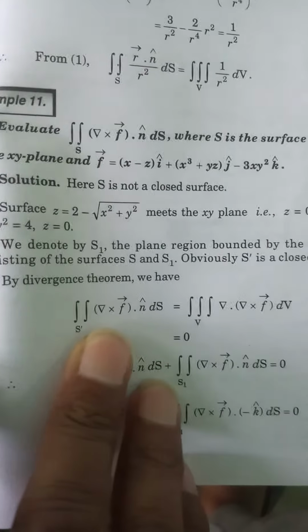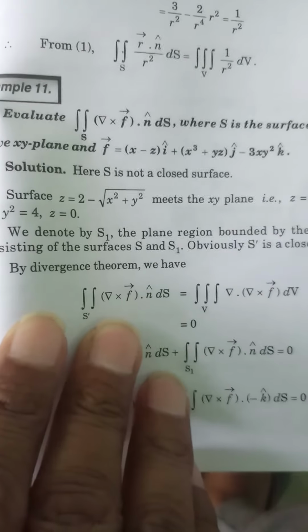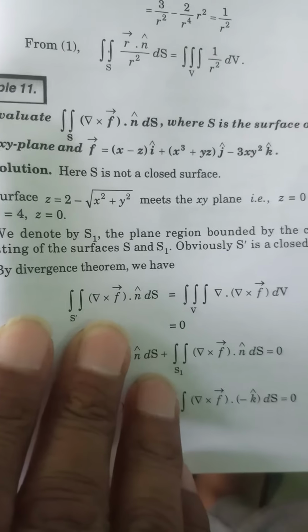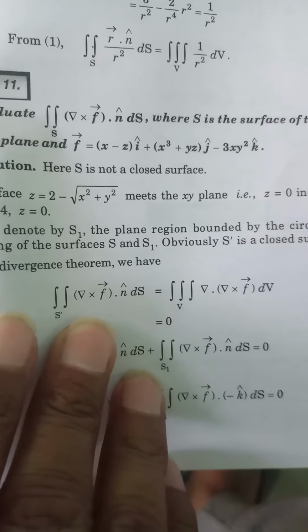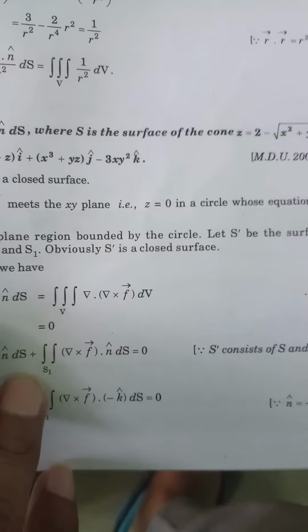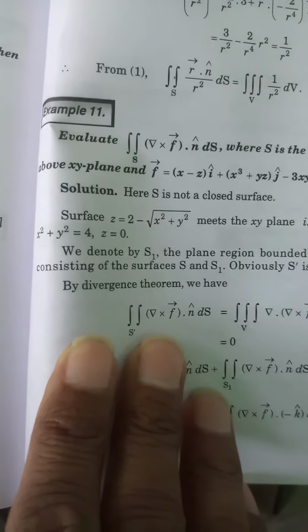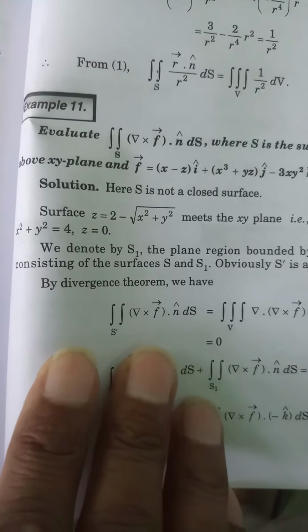Solution: since S is not a closed surface, the cone meets the xy plane, that is z equal to 0, in a circle whose equation is x square plus y square equal to 4, z equal to 0.